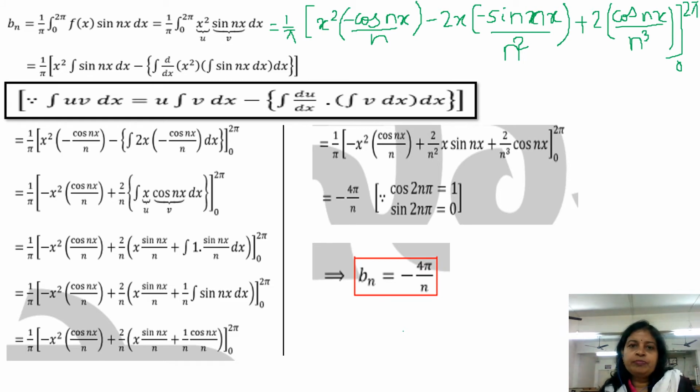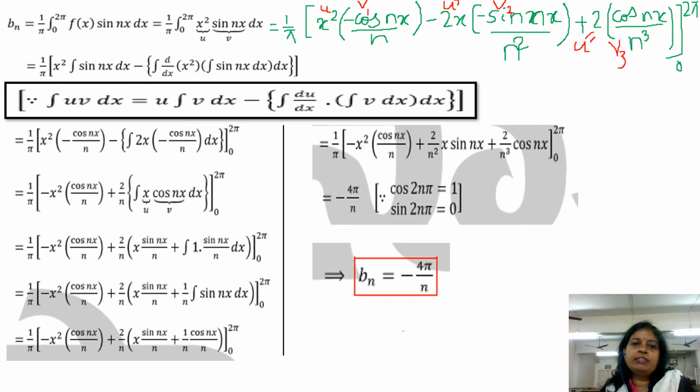Now this is your u. I am explaining the formula to you. This is your v1, this is your u dash, and this is your v2, this is u double dash, and this is v3.